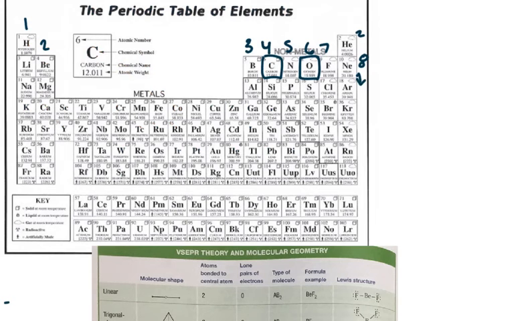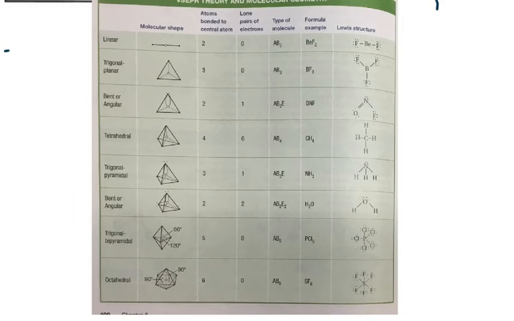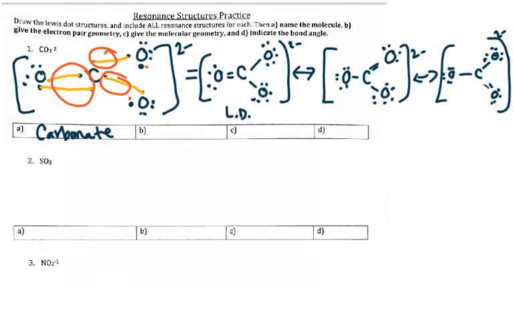So I'm going to go over to this table, and I have 3 bonds and no lone pairs. That means that my electron pair geometry is trigonal planar. So I'm going to go back and write trigonal planar.